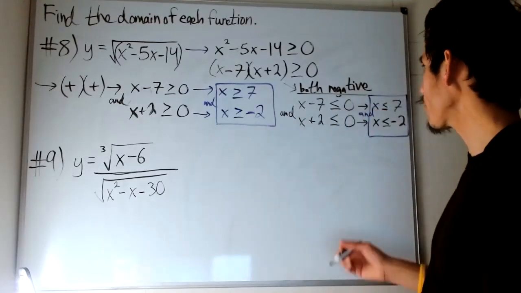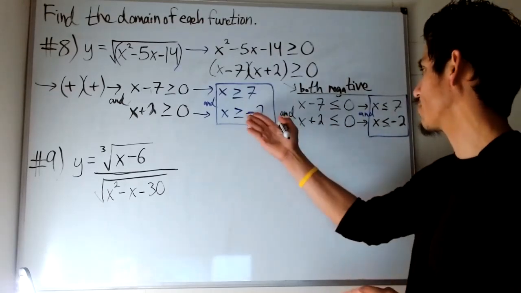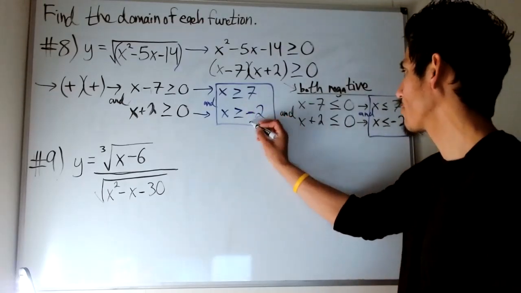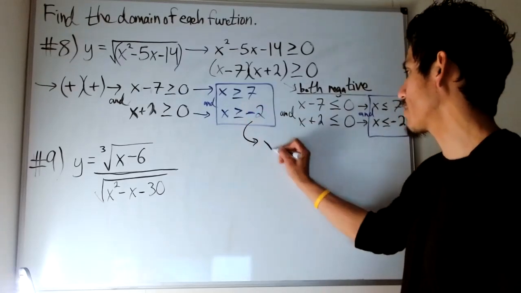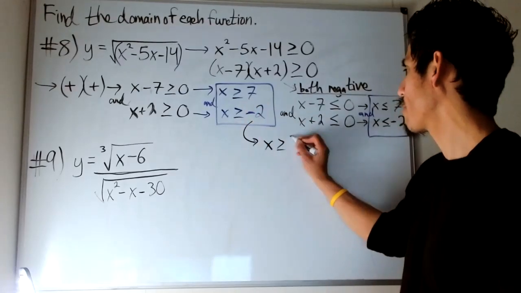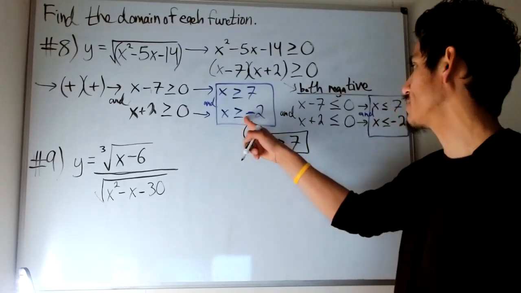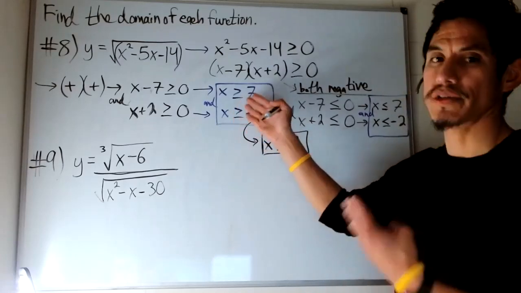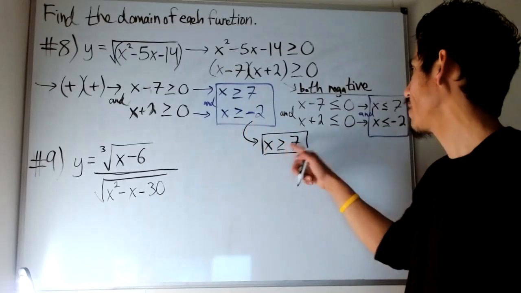For the first case, it would only make sense for x to be greater than or equal to 7, because both these have to be true at the same time, and that would only be if x is greater than or equal to 7.